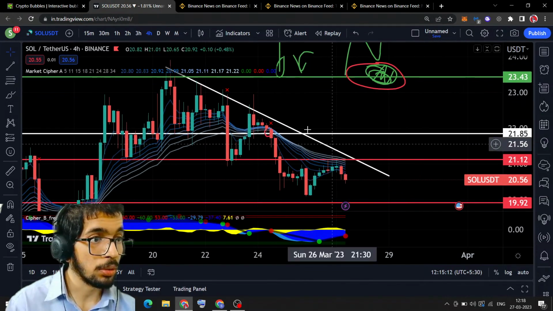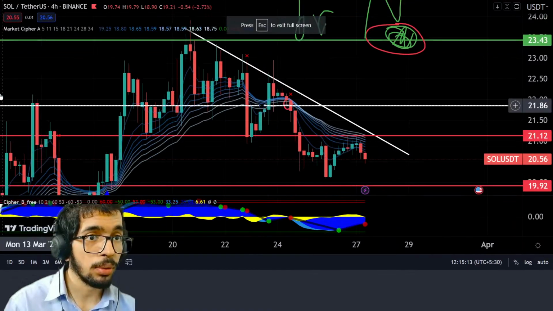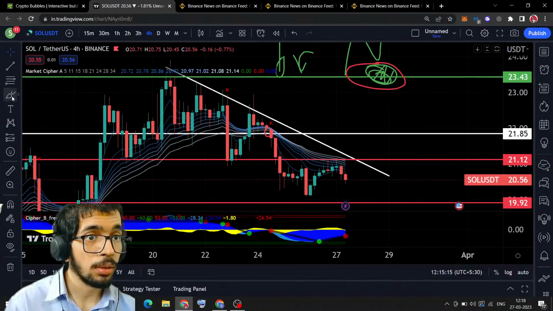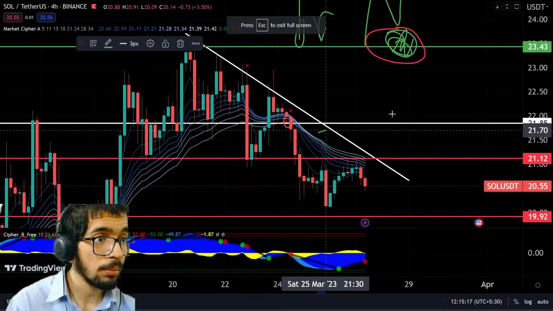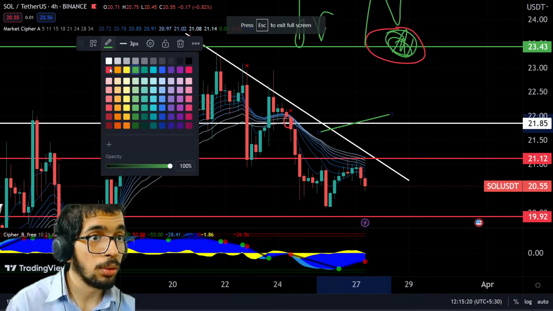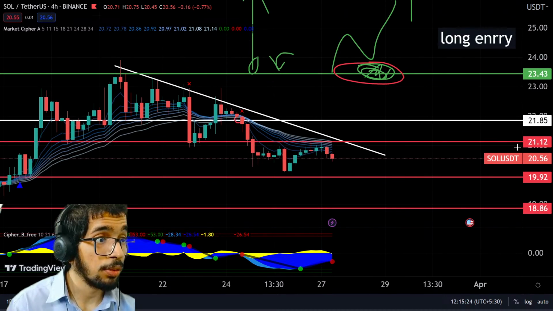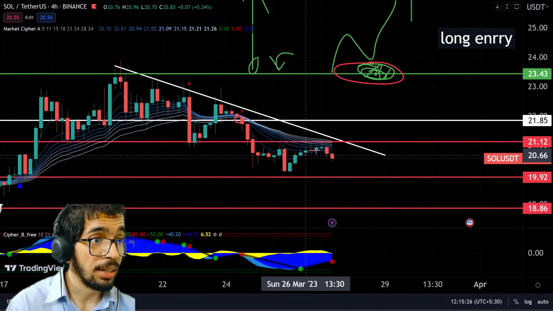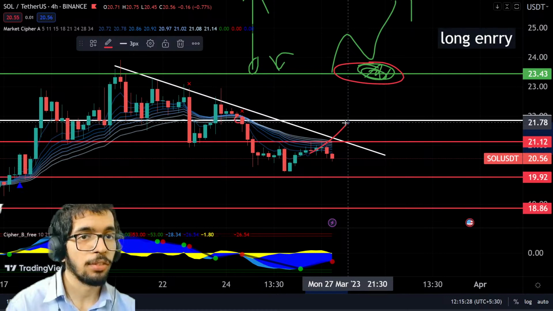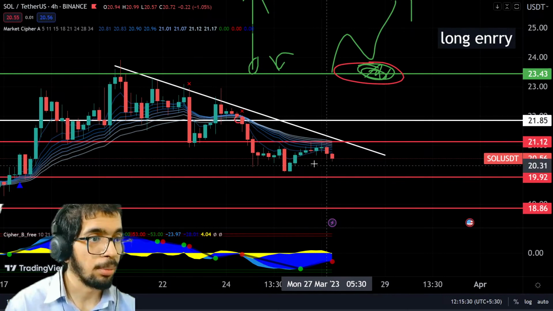SOL is nowhere close. Right now, for SOL to be a good long entry, it needed to break this, but it never broke. So now it's here only.